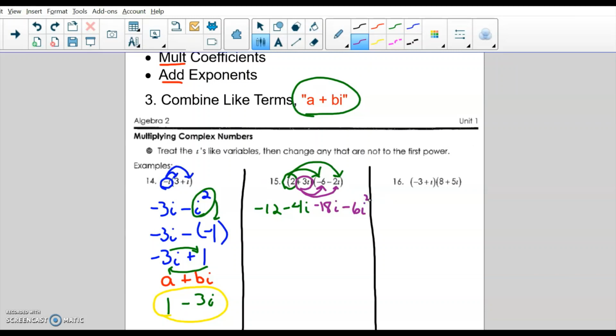So that's the multiplication. I haven't done any simplifying or any combination of like terms. It's simply multiplication. So we have to do whatever simplifying we can. What you saw over here was that i squared turns to negative 1, and negative 1 times a negative changes the sign to a positive 1.